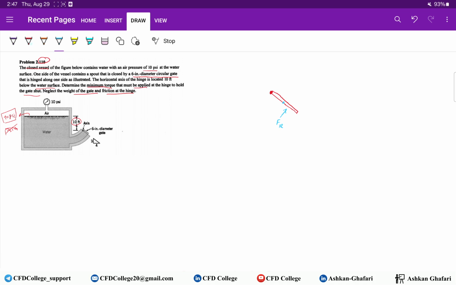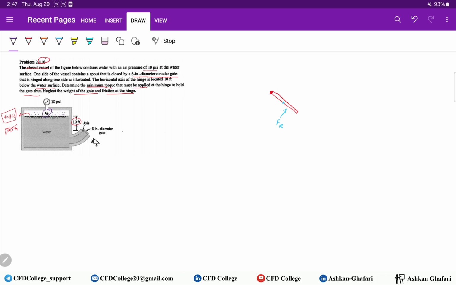But in this problem, we have air here, and air has a pressure on this surface. As I told you, when we have a gas, the pressure is the same and constant at any point.